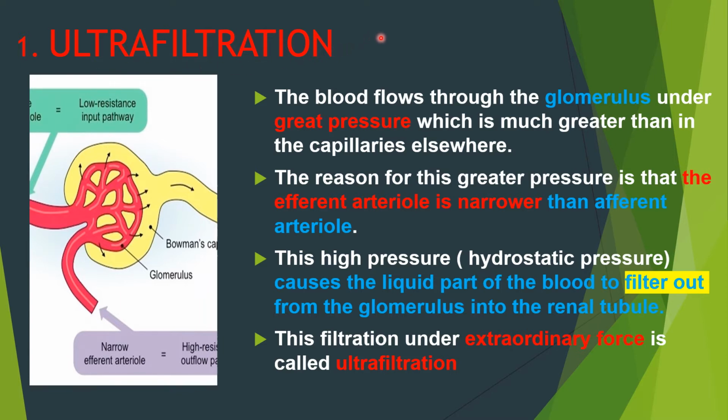What is ultrafiltration? We can discuss that. The blood flows through the glomerulus under greater pressure, much greater than the other capillaries present in the body. Why is the glomerulus under greater pressure? The reason is that the efferent arteriole, here you can see, is narrower than the afferent arteriole.